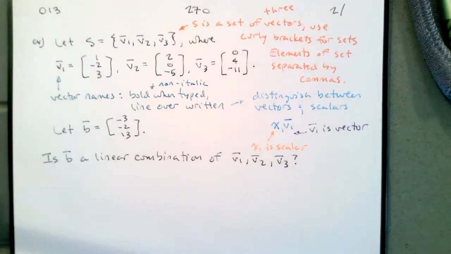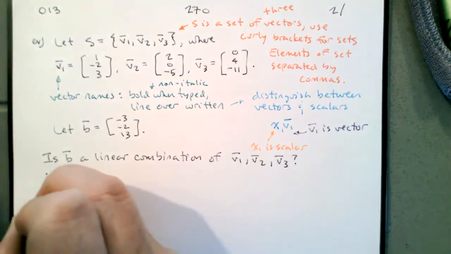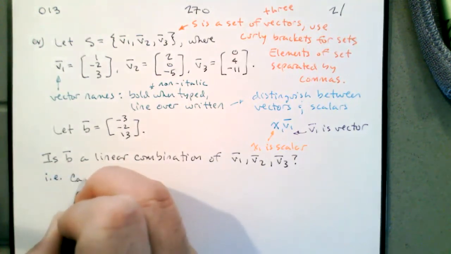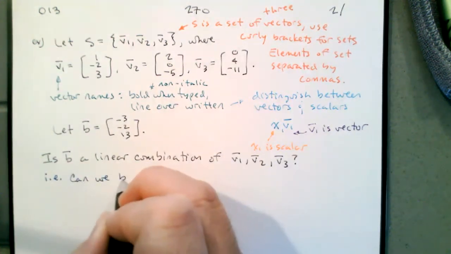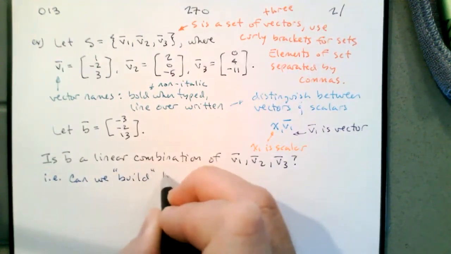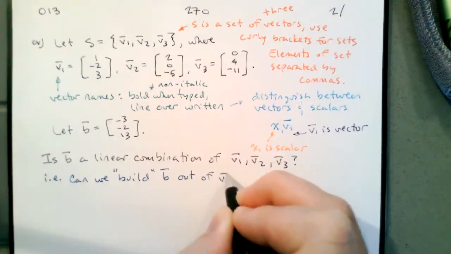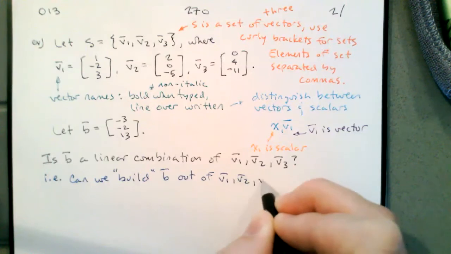What this means is, can we build the vector B out of the vectors V1, V2, and V3? That's another way to think about this question.